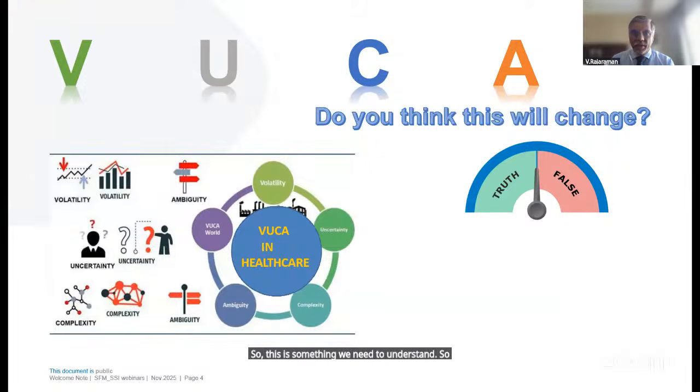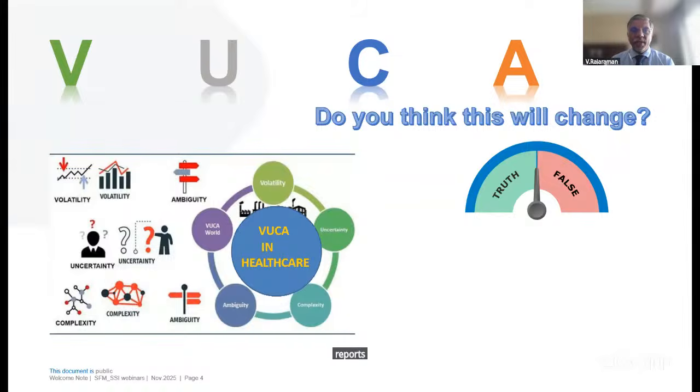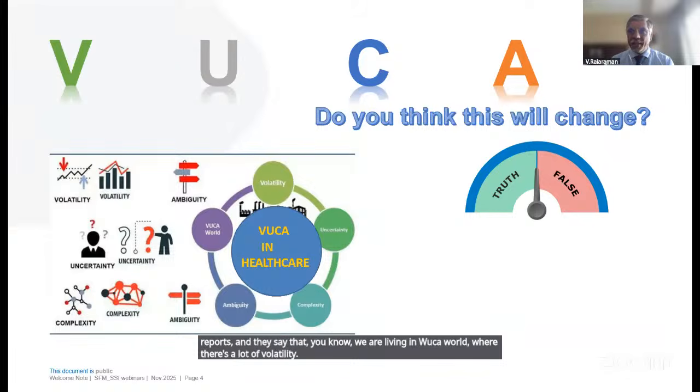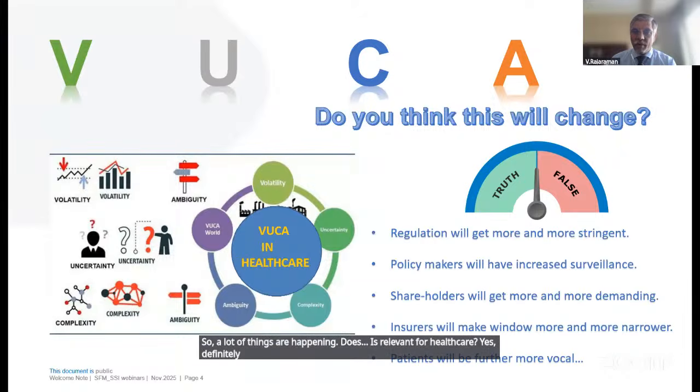You must be going through a lot of media news reports saying we are living in a VUCA world, with a lot of volatility, uncertainty, and ambiguity. AI is coming and policies are changing. Is it relevant for healthcare? Yes, definitely. The regulations will get more and more stringent.